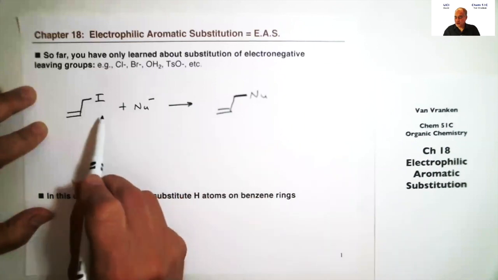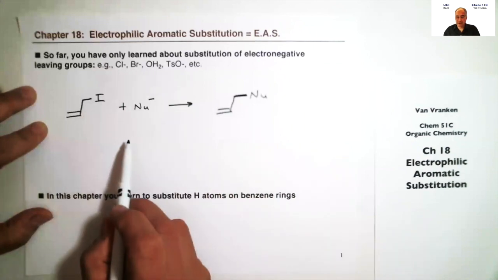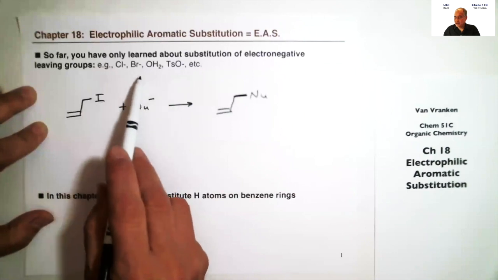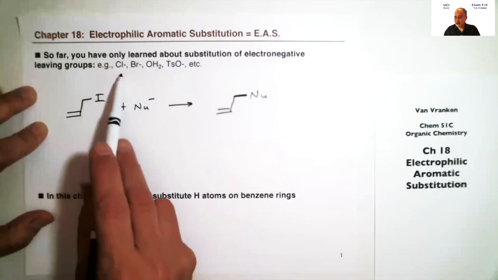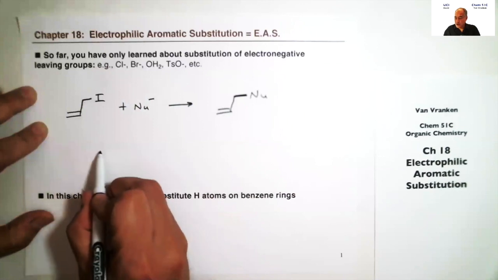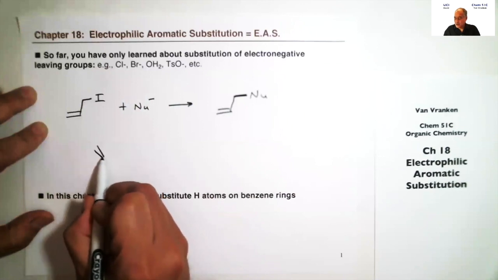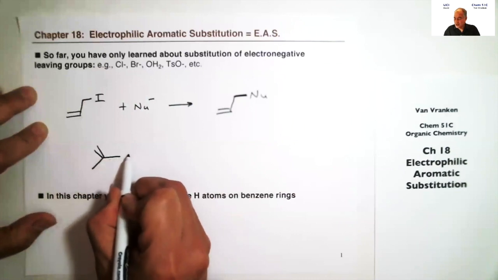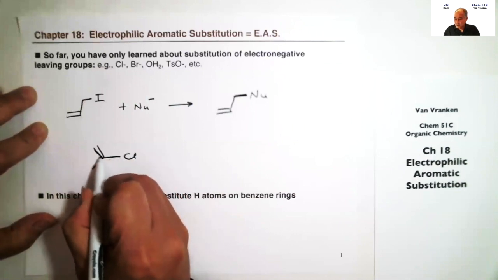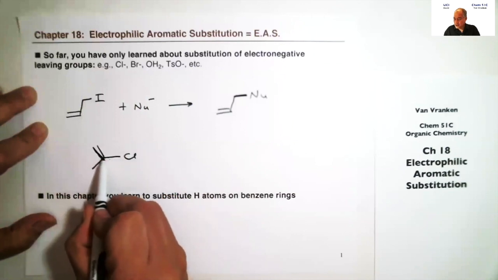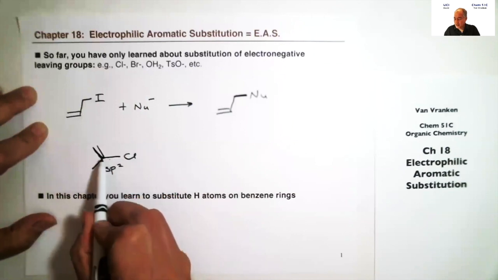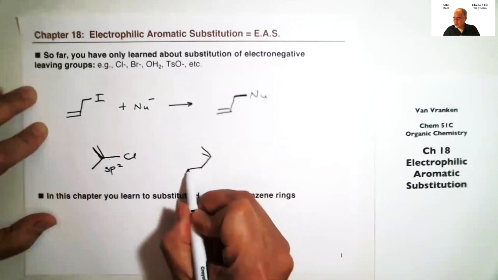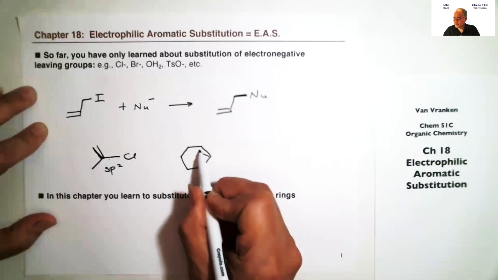Let me elaborate on this by saying that while you learned that you do nucleophilic substitution of electronegative leaving groups, bonds to oxygen, bonds to halogen, you never, ever do nucleophilic substitution to bonds that are directly attached to sp2 hybridized carbon atoms, like carbon-carbon double bonds, or even more especially onto benzene rings.